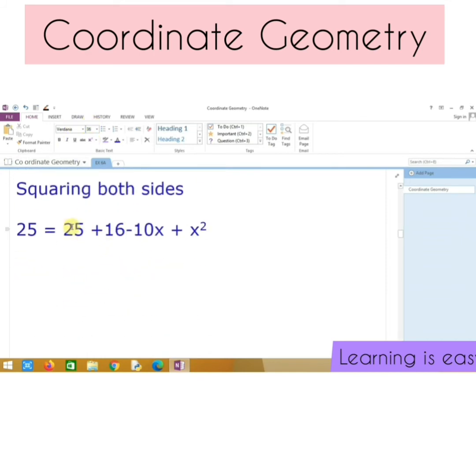So 25 on LHS and RHS just goes off. So 0 equal to 16 minus 10x plus x squared.